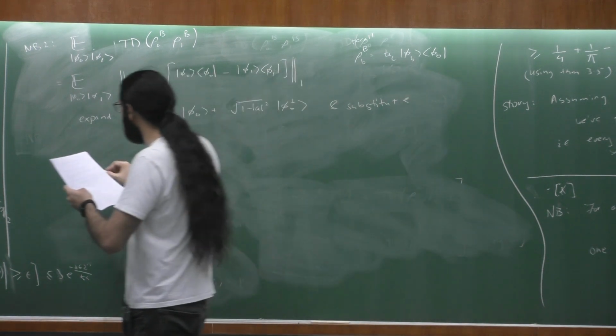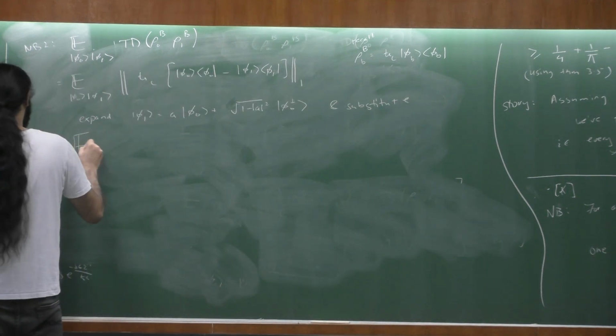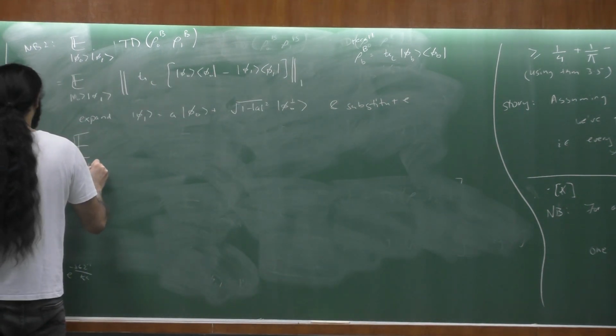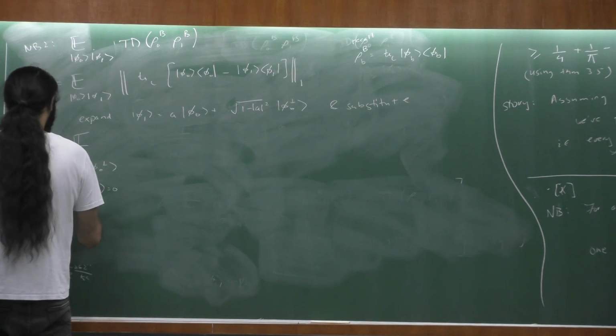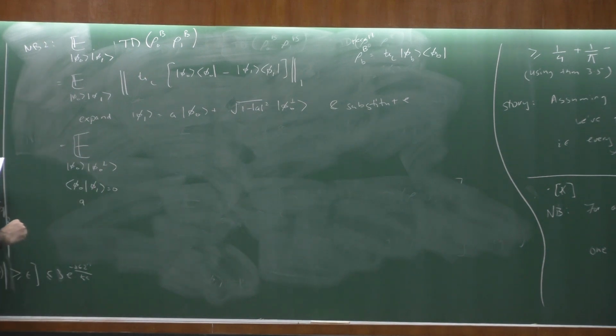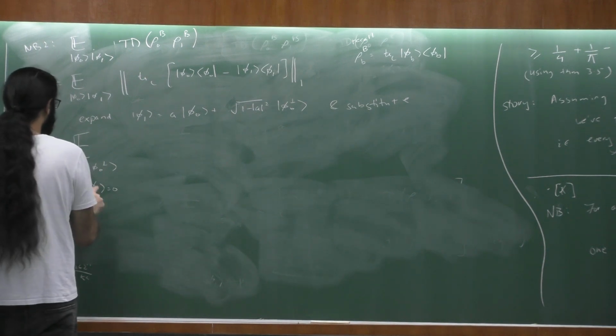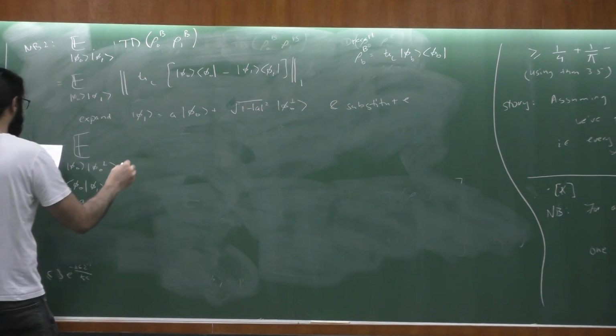When you substitute, you're going to get phi 0 perp, phi 0, phi 1, and you have an expectation over A, because A depends on phi 1, so we're just rewriting the variables.